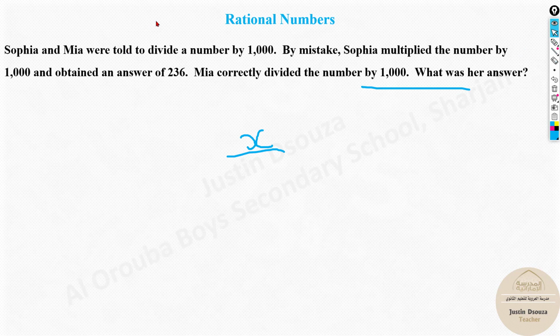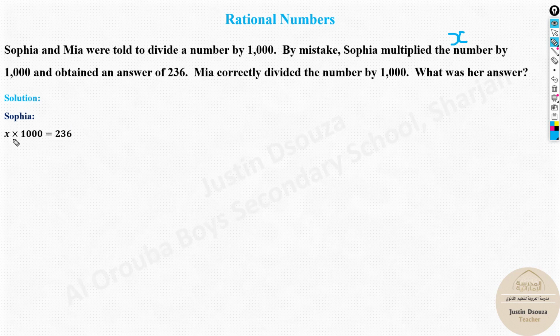Over here, firstly, we need to find what was the number. We can't directly find what Mia correctly divided before we find the original number. So let's consider the unknown number as x and try solving. About Sophia's mistake, because we know the answer over here: Sophia multiplied the unknown number x by 1,000 and obtained the answer 236.